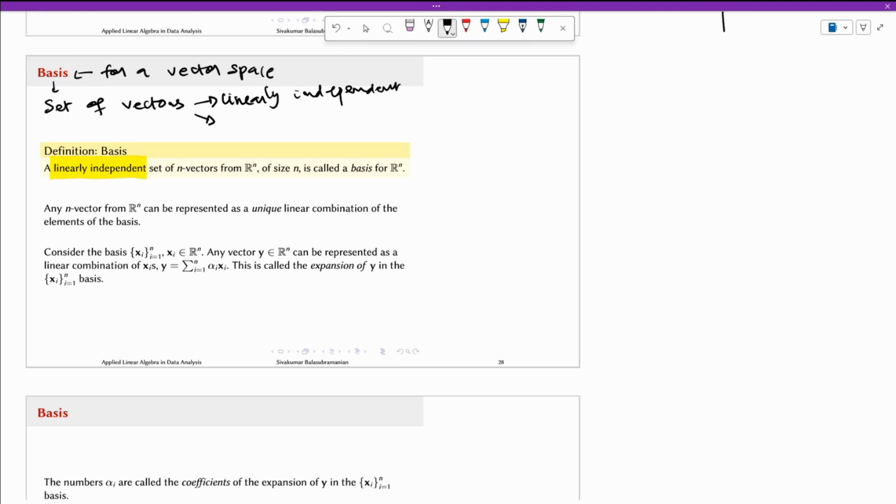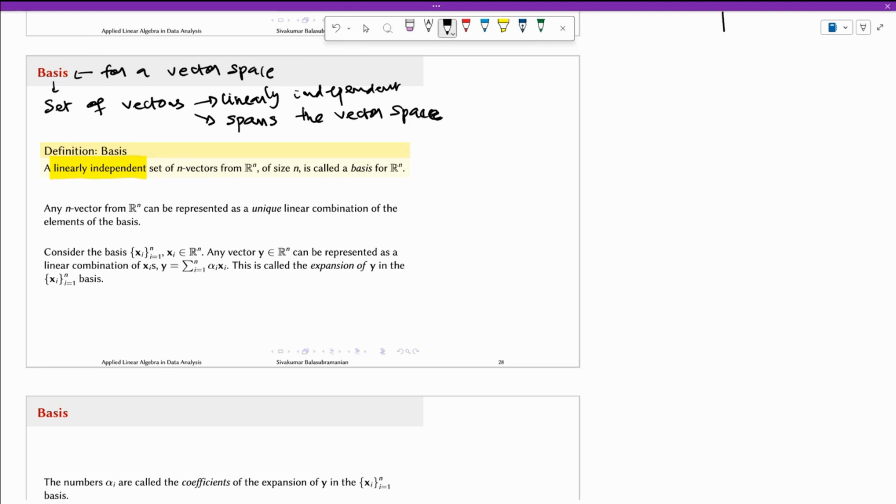It's linearly independent, and it spans the vector space from which you choose it. Okay, that's the general definition. Linearly independent, and it can produce any element in the original vector space through a linear combination operation. That's what it means to say spans the entire vector space.